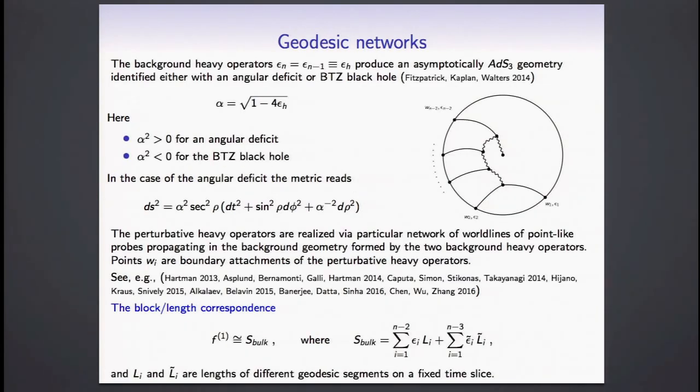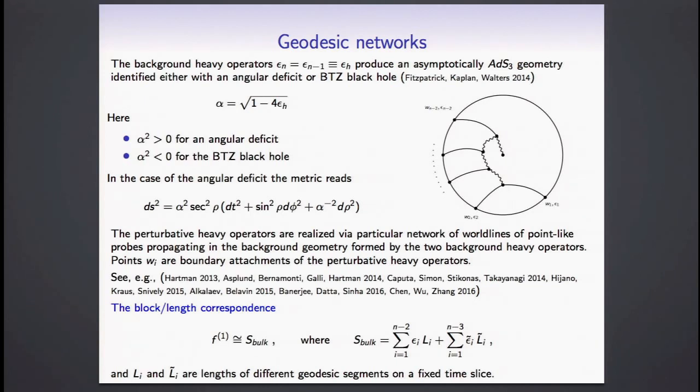Now, the two background operators create a non-trivial geometry in the bulk, and it is shown that this is an asymptotically AdS geometry, which is either a conical singularity or a BTZ black hole, depending on this parameter alpha, which is expressed in terms of the heavy dimensions.